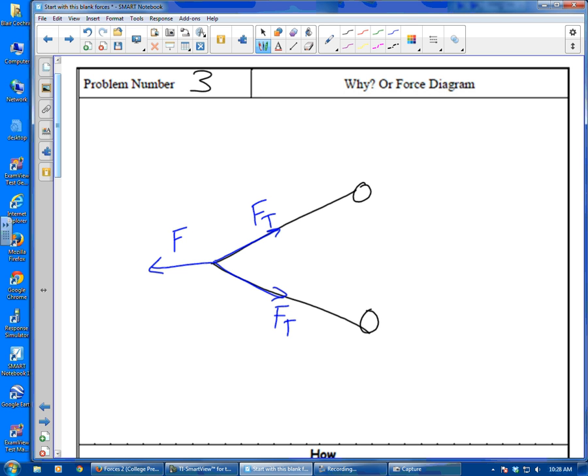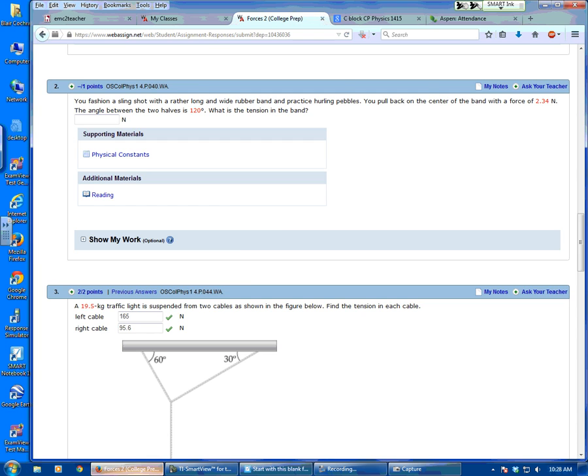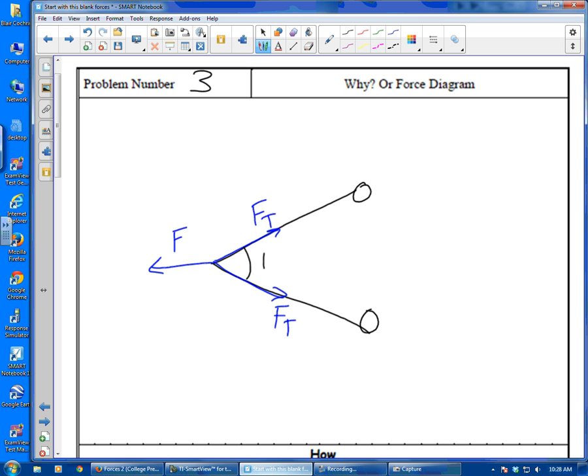That's what I was just talking about, making my life simpler. Rather than having 2 tensions, I have 1. And then they tell me that this angle in my case is 120 degrees, yours might be different.